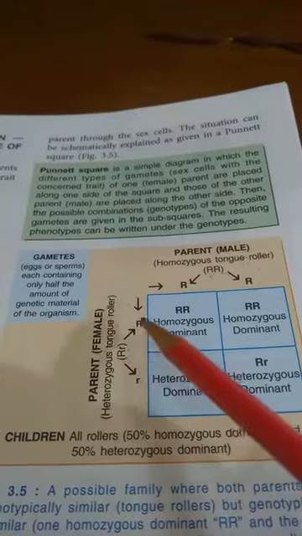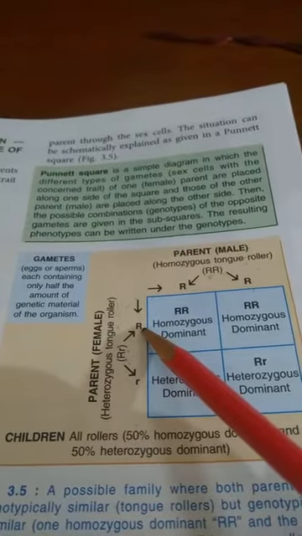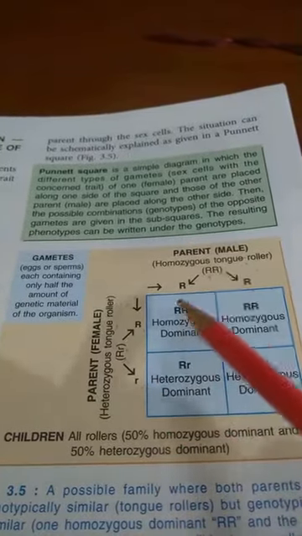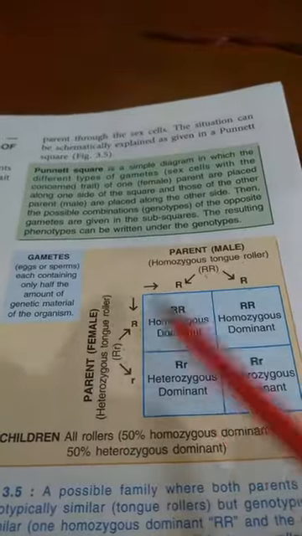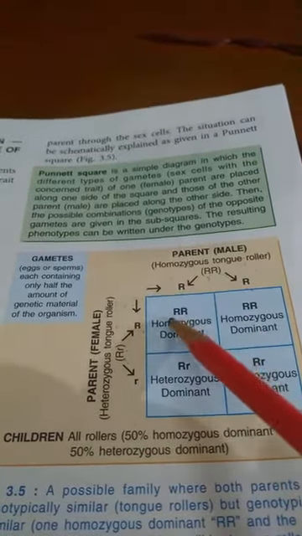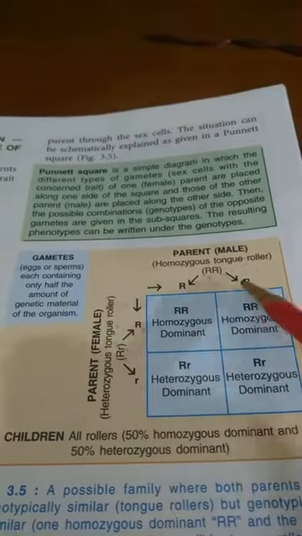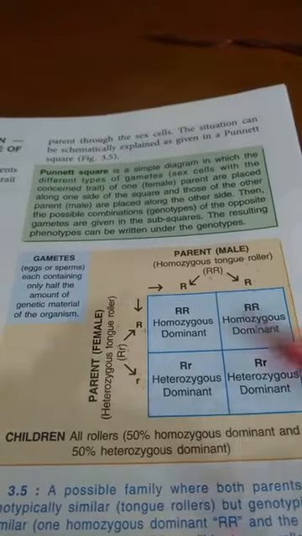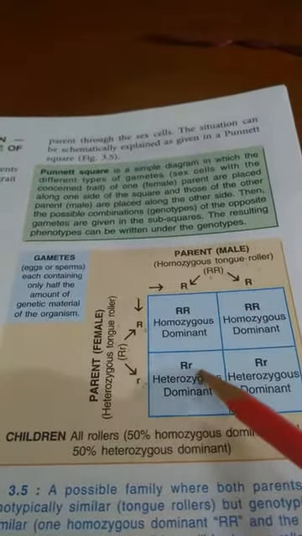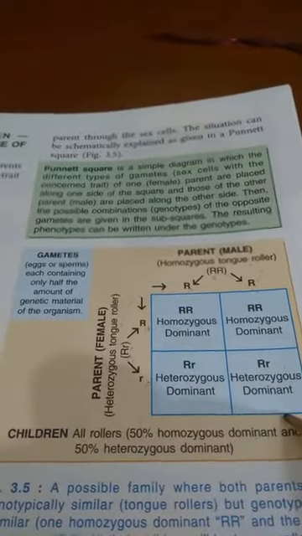So it will produce two different types of gametes, half having capital R and half having small r allele. Now we make combinations of these. Capital R, capital R is written here, again capital R, capital R. Now with this combination, capital R, small r, it is written here, and again capital R, small r.